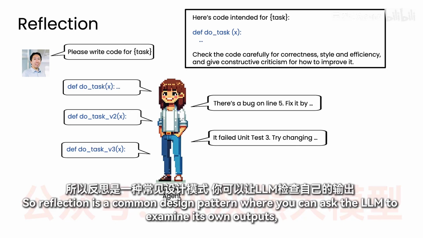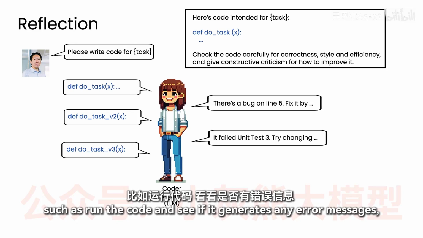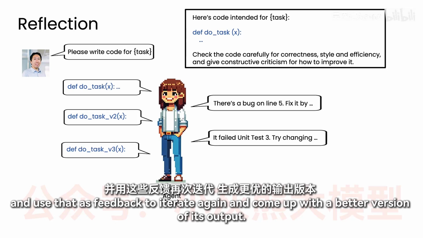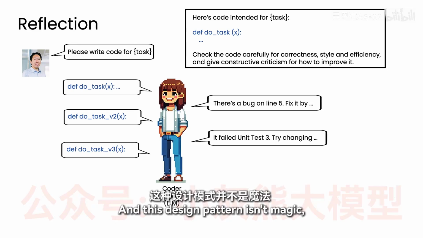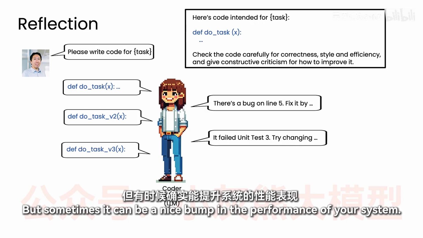So reflection is a common design pattern where you can ask the LLM to examine its own outputs, or maybe bring in some external sources of information, such as run the code and see if it generates any error messages, and use that as feedback to iterate again and come up with a better version of its output. And this design pattern isn't magic. It does not result in everything working 100% of the time, but sometimes it can be a nice bump in the performance of your system.